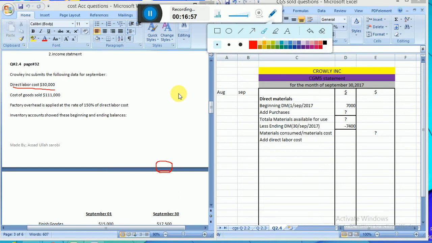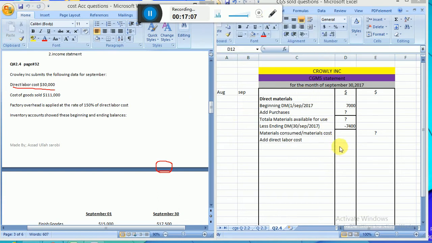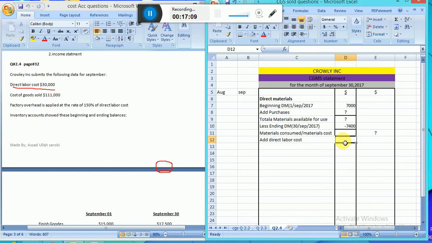To the plant and machinery, and similarly for the production, for the manufacturing process. So we will add this 30,000 here. You can also find prime cost here. How much is the prime cost? Prime cost means direct material cost plus direct labor cost.